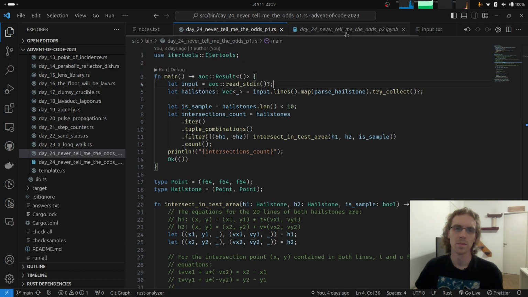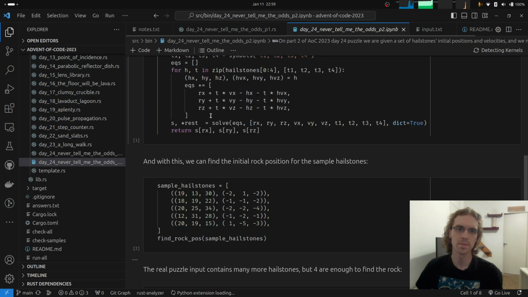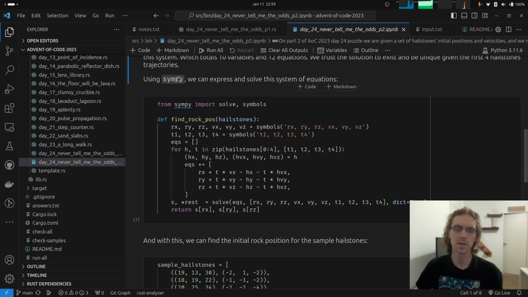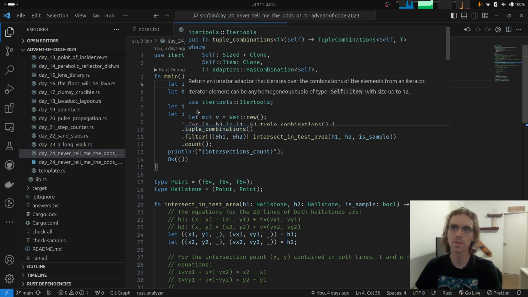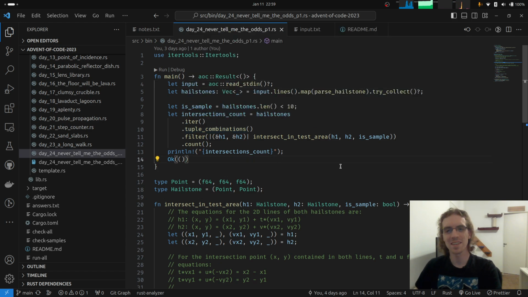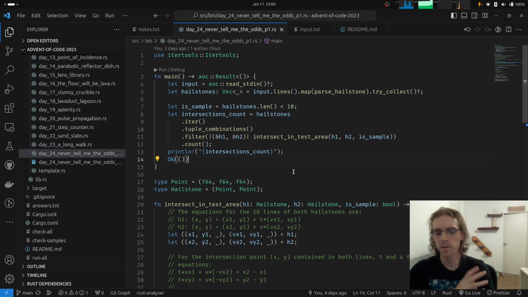I ended up having to use Python and an algebra package, SymPy, to solve this thing. After I solved this, I checked some solutions on the Advent of Code subreddit, and I realized there was another solution that I could have probably done in Rust without the need for an external package to solve a system of equations, and it involved using parallel lines.